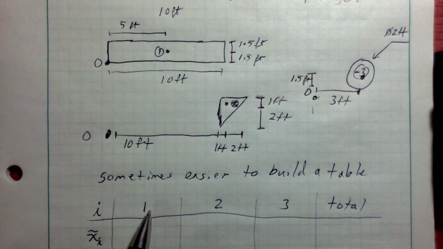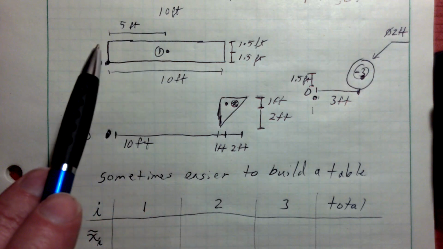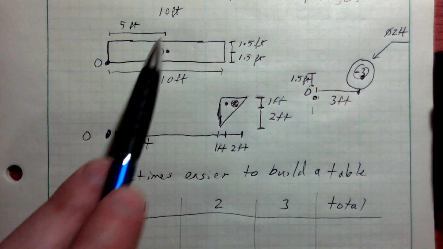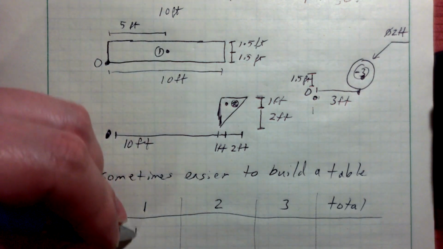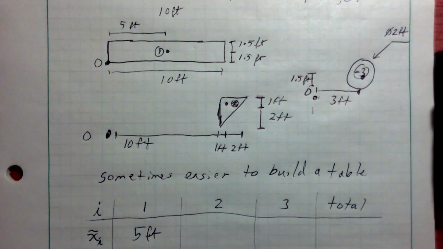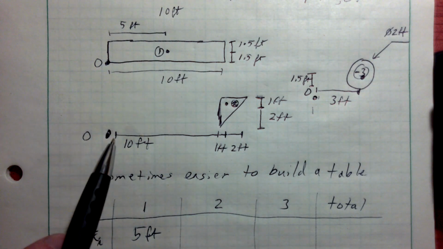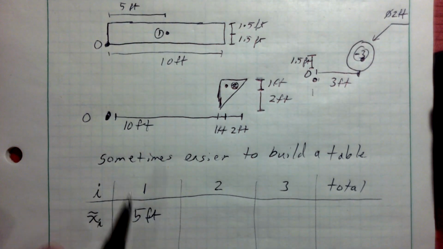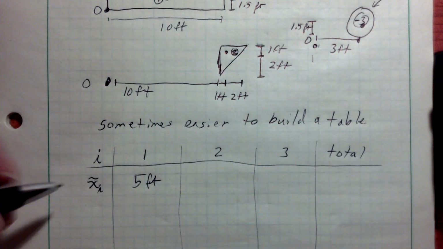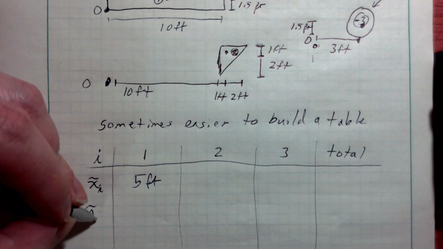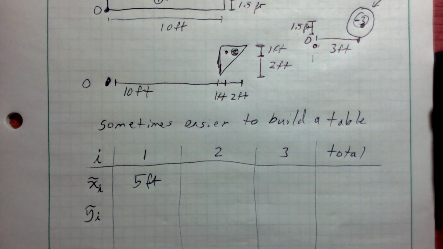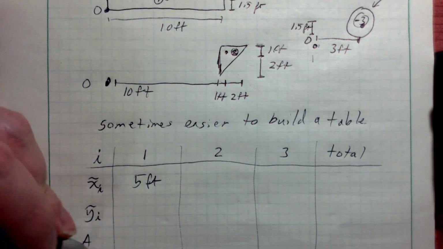The first shape has an x location from origin, from point O, of 5 feet. And you can go across the table here and fill these all in, but I'm just going to go down the column. Let's do the rectangle first because it's easy. So we need to find its x location, its y location, the location of its center, and we need to find its area.